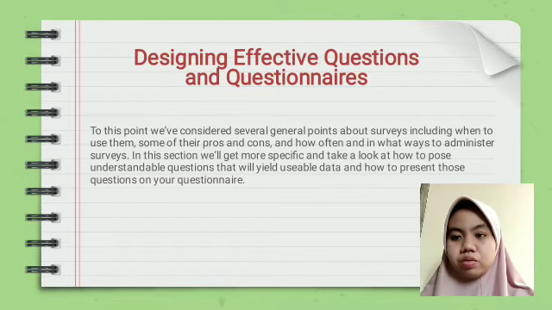In this section, we'll get more specific and take a look at how to pose understandable questions that will yield usable data and how to present those questions on your questionnaire.